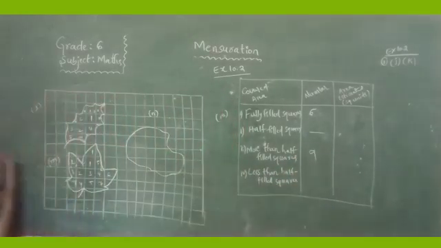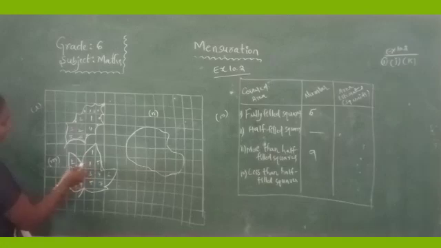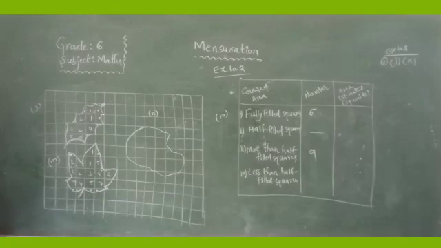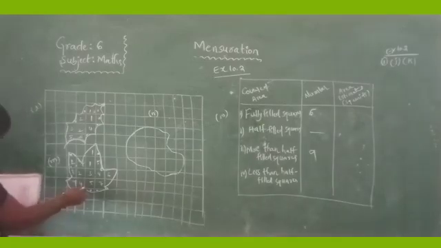So is there any less than half filled squares? Less than half filled? See, less than half is 1, 2, okay, 3, 4, 5, 6, 7, 8, 9. So 9 is there, and is there any more? So count.